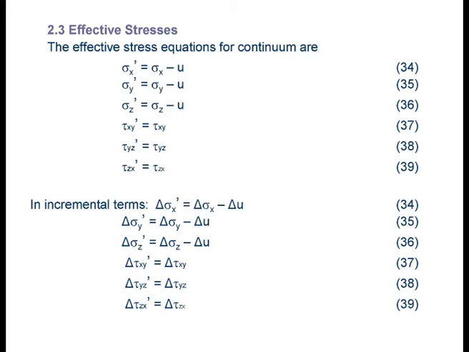Same thing for the change in the effective stress in the y direction: it equals the change in the total stress in the y direction minus the change in pore water pressure. Similarly for the z direction. And for the shear stress, it's exactly the same, no difference.